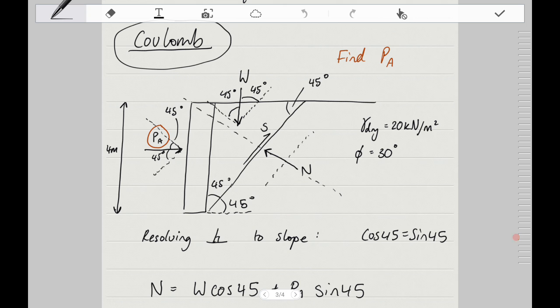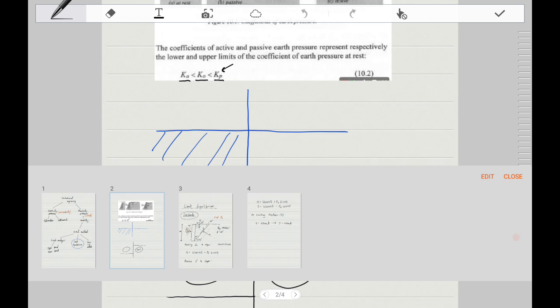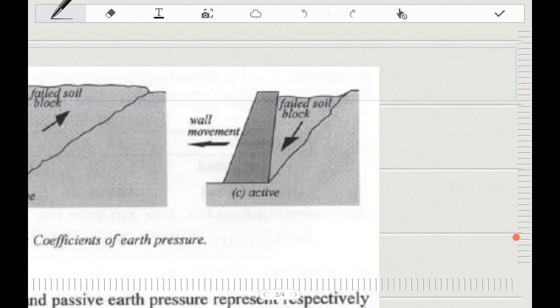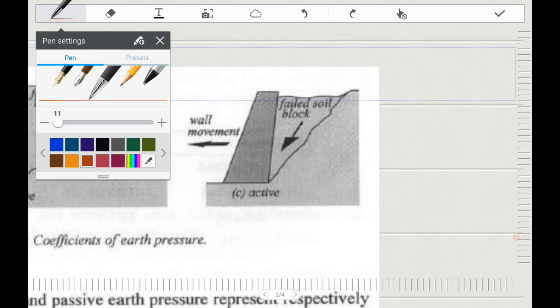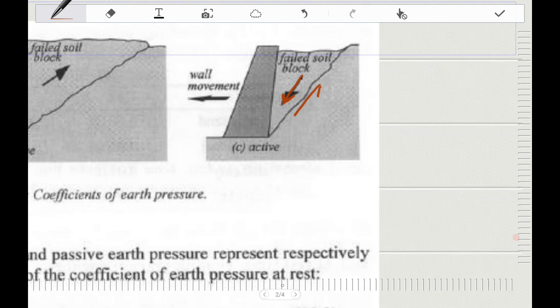But if you think about the active case, if I go back to this diagram, we said that this soil will fail in that direction, as shown by the arrow. So friction is obviously going to be in the up direction, in order to create that friction force. If they're both traveling in the same direction, then you won't have any friction.